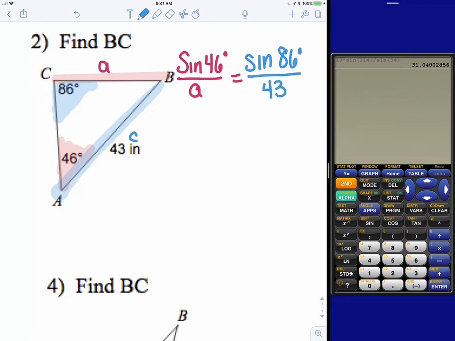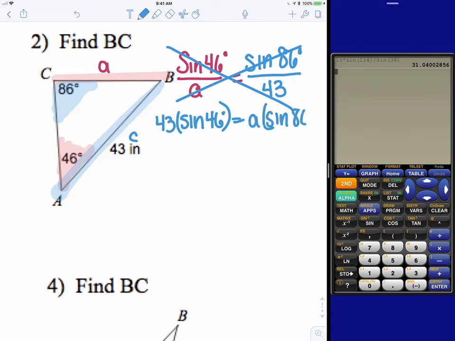All right, now I'm going to cross multiply to solve. So cross multiply, I get 43 times the sine of 46 equals, cross multiply this way, a times the sine of 86. I'm trying to get a all by itself, so I will divide by the sine of 86 to get rid of that. Whatever I do to one side of an equation, I do to the other side.